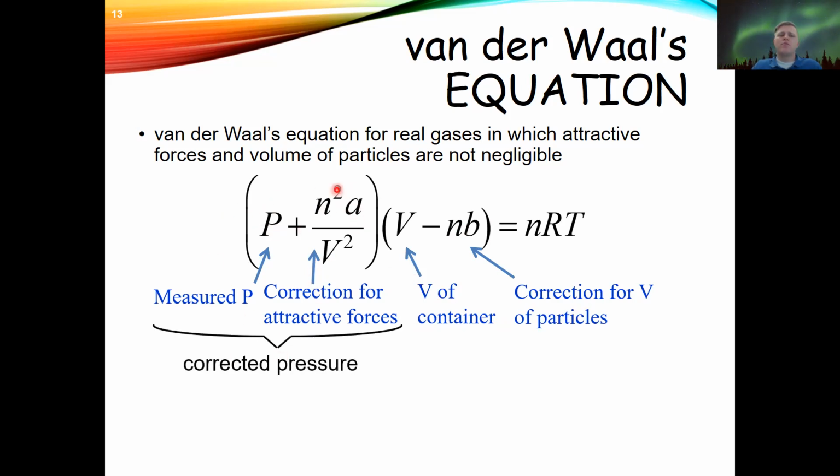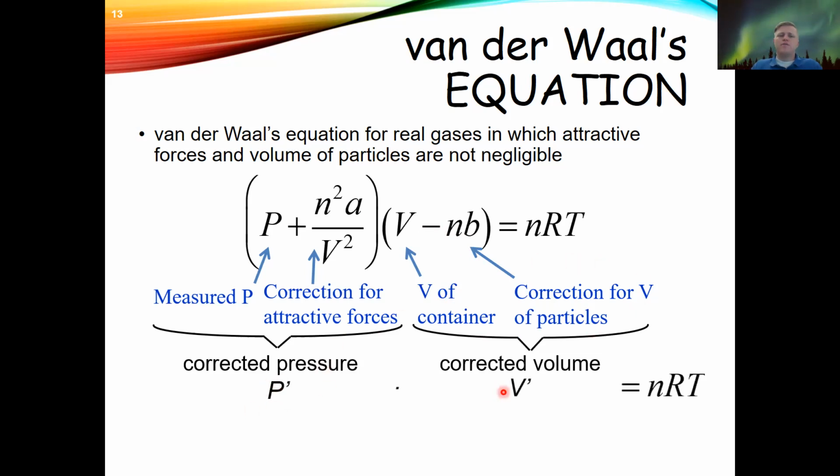So we correct the pressure for these other factors. And then this stuff over here is what we call the corrected volume. Sometimes you'll see the corrected pressure and volume written as P apostrophe or V apostrophe. And then this equation basically looks exactly like the ideal gas law: P apostrophe times V apostrophe equals nRT.